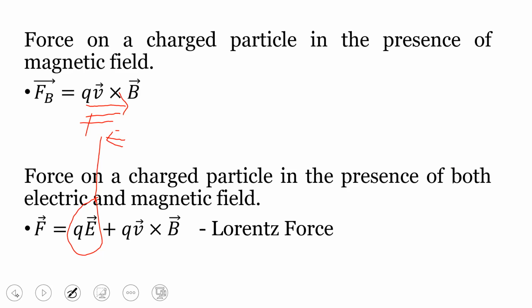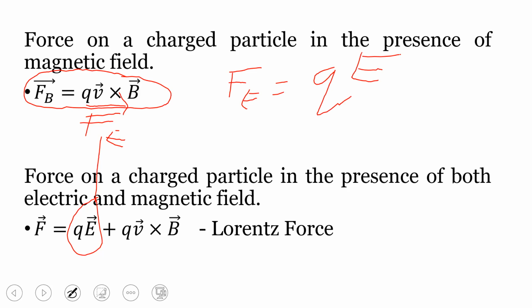When you say the magnetic force, FB is equal to qv cross B, and we say the electric force, FE, is equal to qE, and we say that for them to go through the velocity selector undeflected, FB should be equal to FE, right?